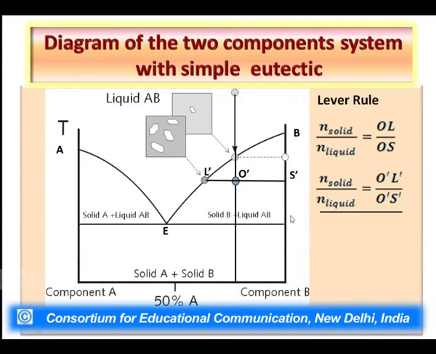So, you can see one more important point is that the amount of substance B which appears in the solid phase is continuously increasing, and the amount of liquid phase is continuously decreasing.